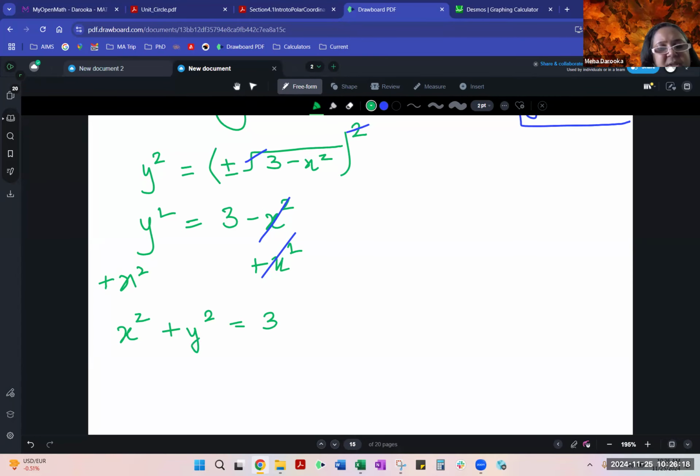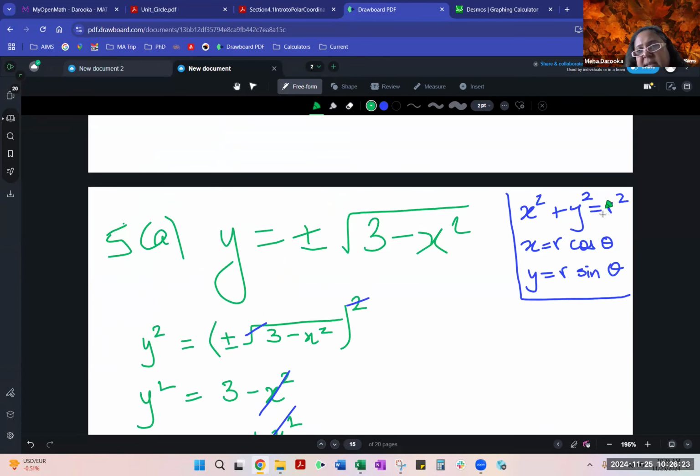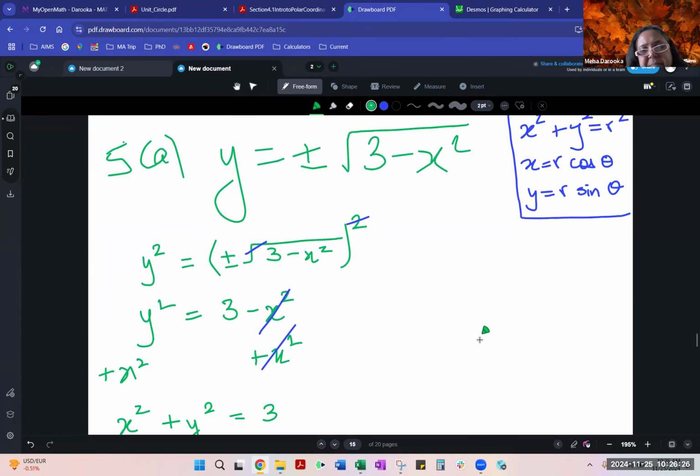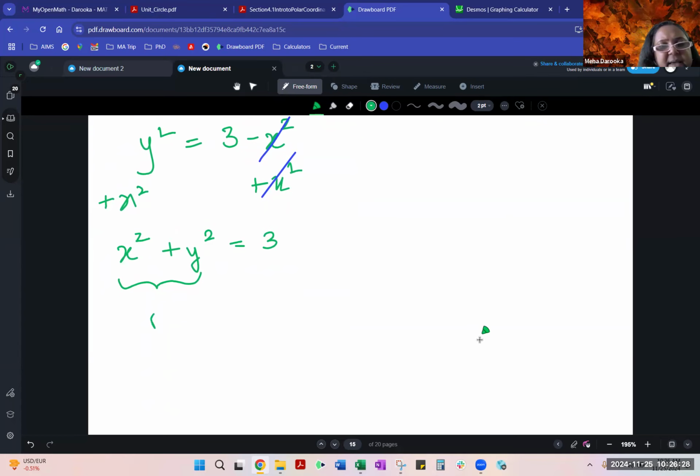All right, so we can go ahead and make the substitution here, using that first conversion, x squared plus y squared equals r squared. And we can rewrite this guy as r squared equals 3. And then, of course, if we take a square root on both sides, you would end up getting r equals square root of 3. Now, if you will remember, since we talk about r as being the radius, your r value has to be greater than or equal to 0, right?